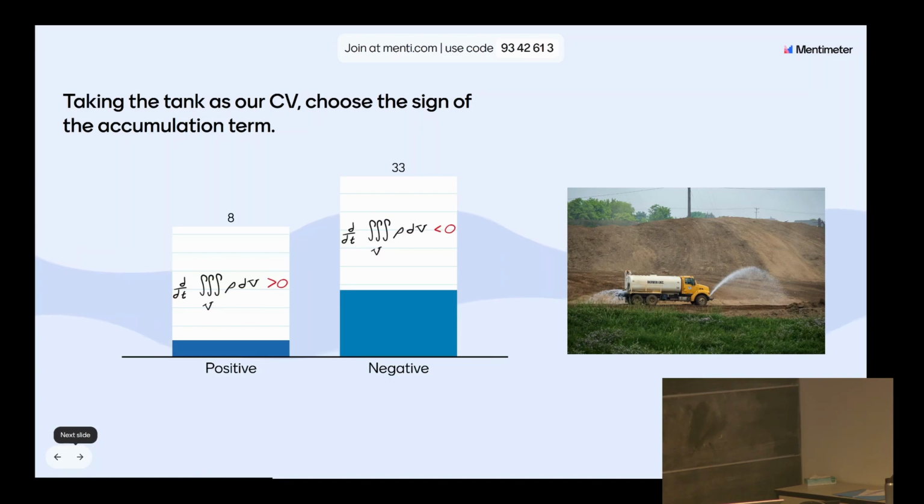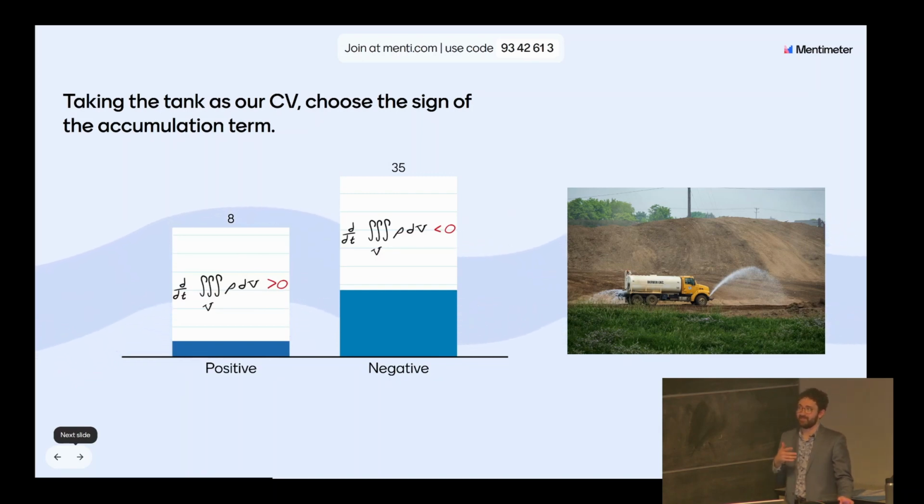Maybe did that explanation help some of the people who put positive, or are there any questions about why it's not positive? Our tank is our control volume. So we're sort of anti-accumulating volume. We're throwing away volume. So that's going to be a negative accumulation, right? Any questions on that?